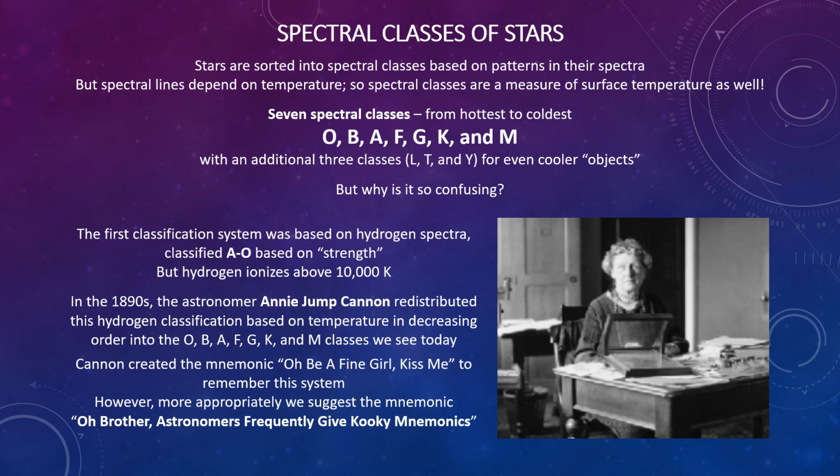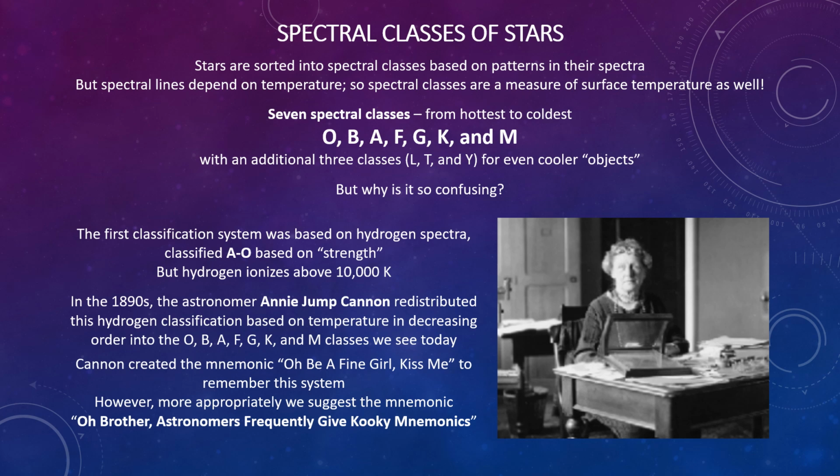But why is this all so confusing in terms of letters? Well, originally the first classification system for stars was based on their hydrogen spectra, classified from A to O based on the strength of the hydrogen lines. However, hydrogen ionizes above 10,000 Kelvin, and so we need to have a wider range to account for these stars that don't have any hydrogen spectra.